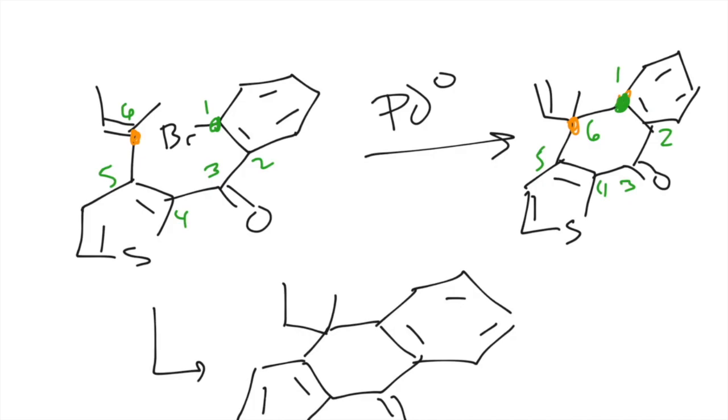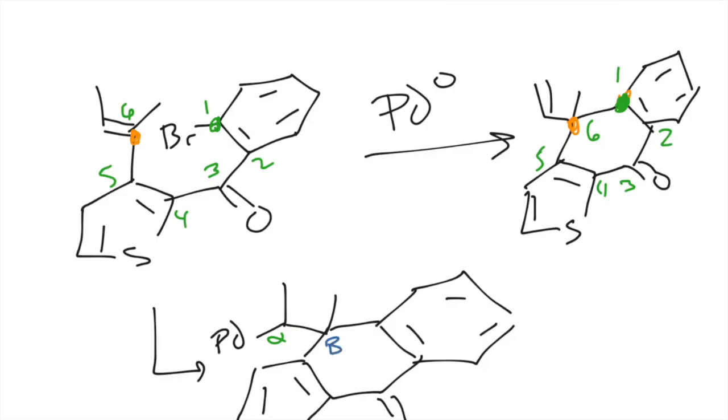We get to a point where we have our palladium there, and the palladium only has one beta carbon to take a hydrogen from. So here's my alpha carbon. This beta carbon has no hydrogens.